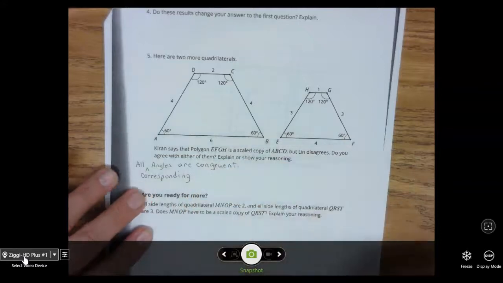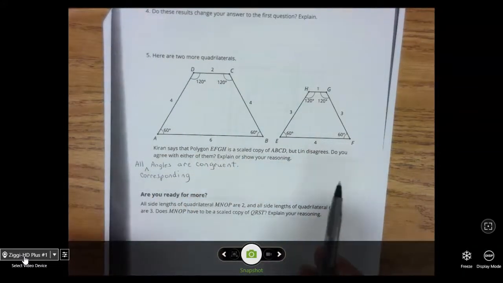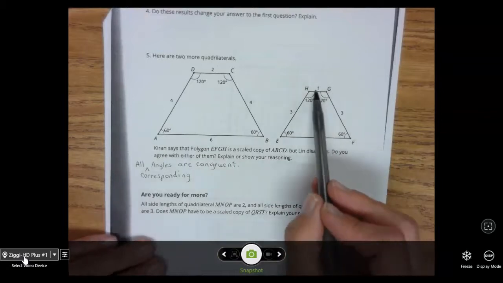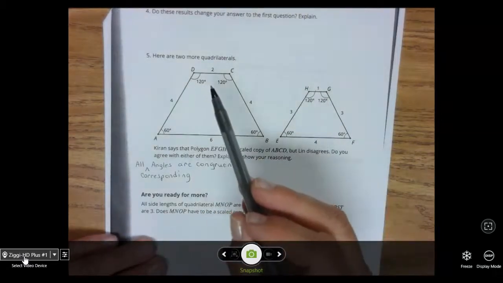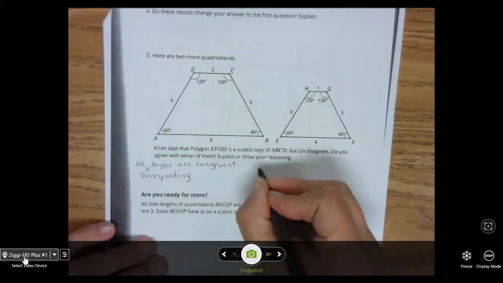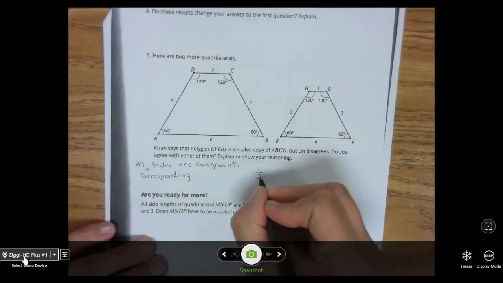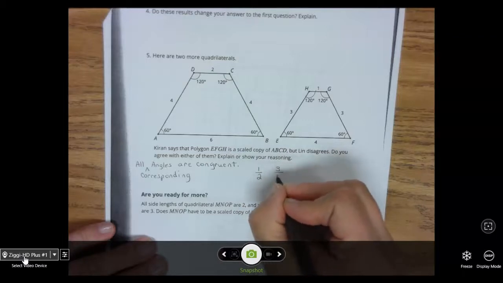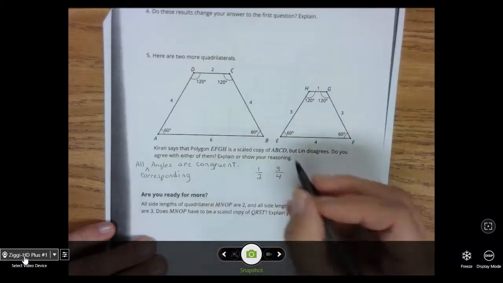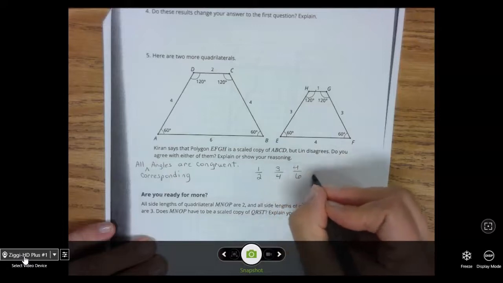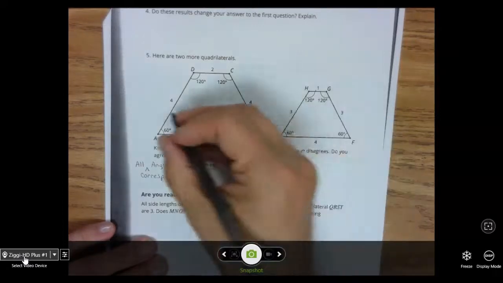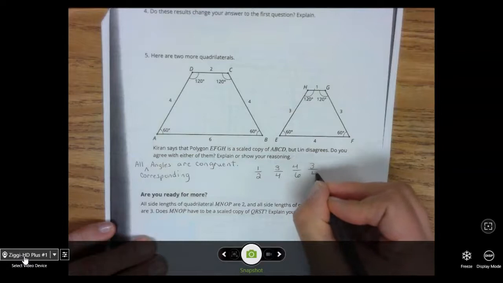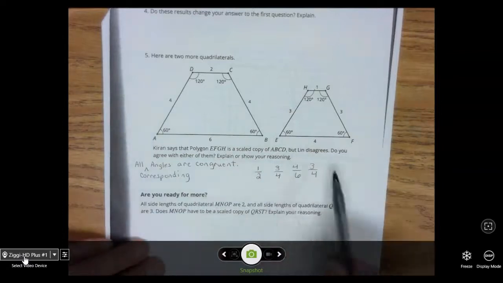And then we have to look at our ratios. So it really doesn't matter, but we're going from smaller to bigger. All right, we're going to put the smaller on top on this one, so we're going to do 1 over 2, and then we have 3 over 4, and we have 4 over 6, and then we have 3 over 4 again. Are these ratios the same?